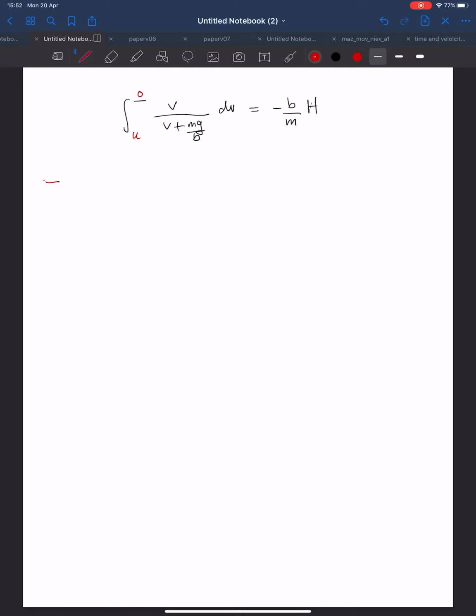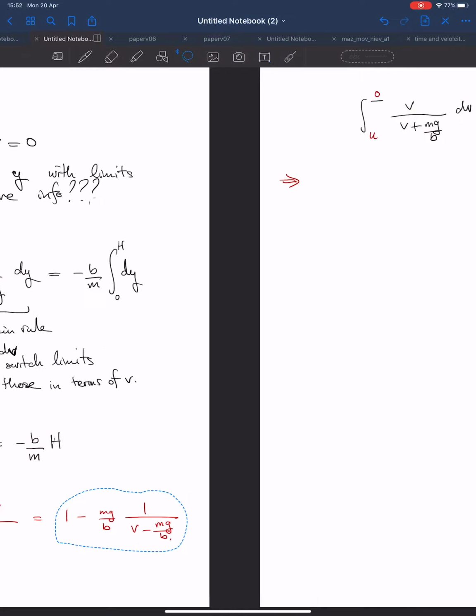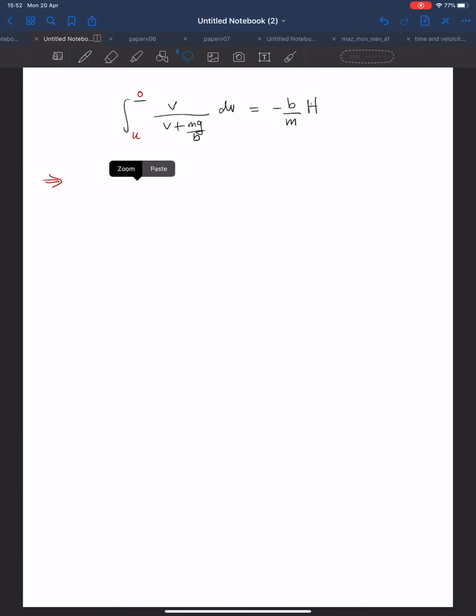So this implies that we have the following. If I haven't made a mistake, I'm going to take this. I'm going to integrate this with respect to v between these limits. Right, so easy for the first part.